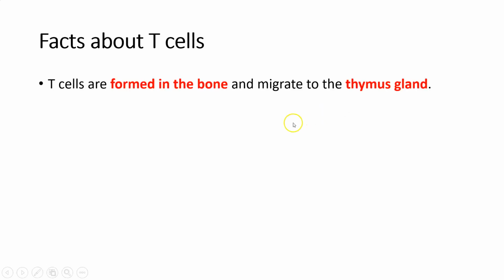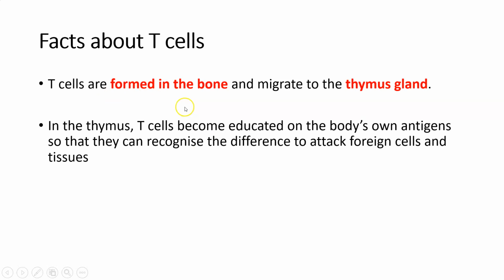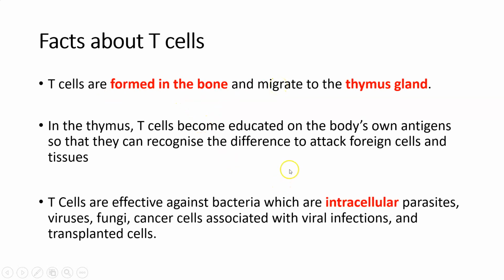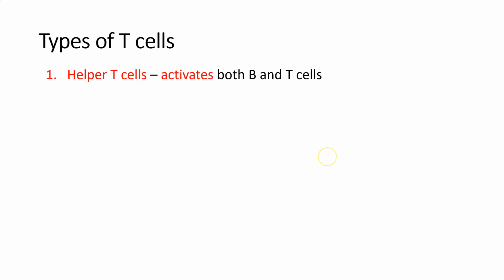So before we get started looking at the cell-mediated response, let's look at the different types of T cell and some facts about them. So we know that T cells are matured in the thymus, and we know that T cells work intracellularly. And there are a few types that we need to look at. The first one we've met before, the helper T cells.